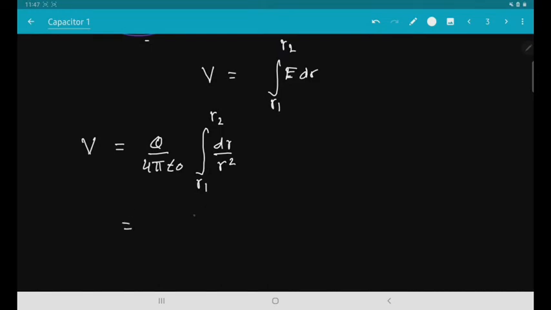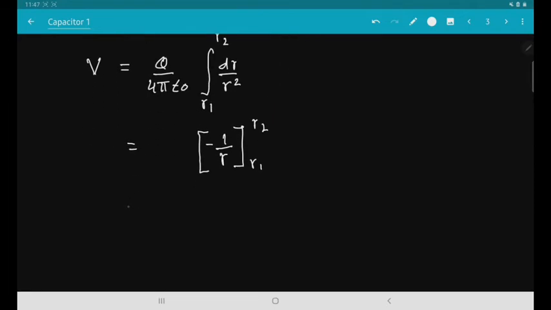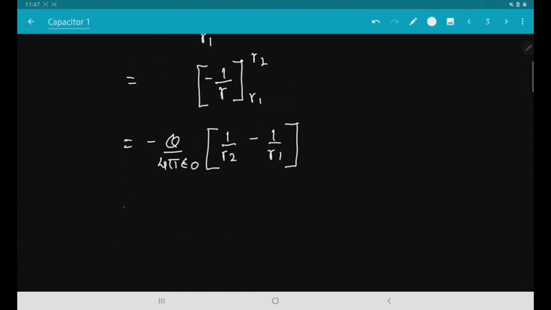Now integration of this is going to give you minus 1 by r from r1 to r2. That means it will be minus q by 4πε₀ times (1/r2 minus 1/r1). We can remove that negative sign and write 1/r1 minus 1/r2.